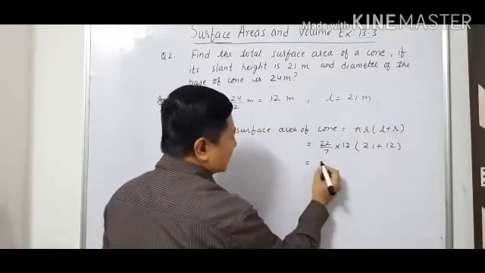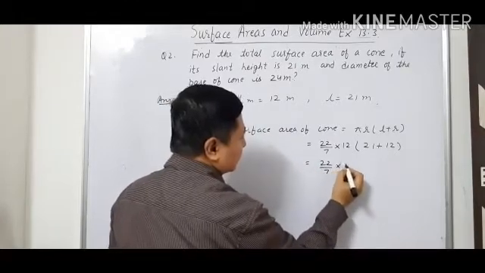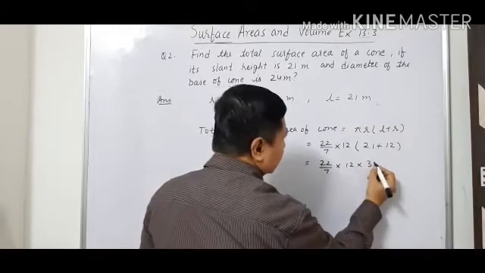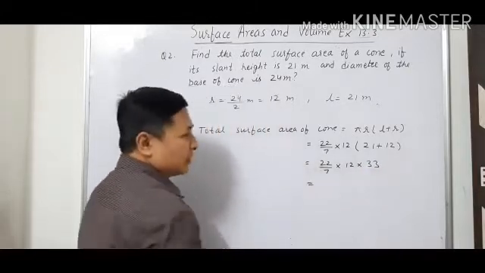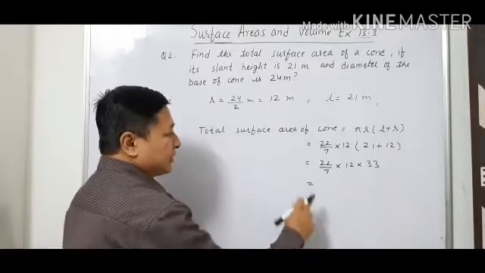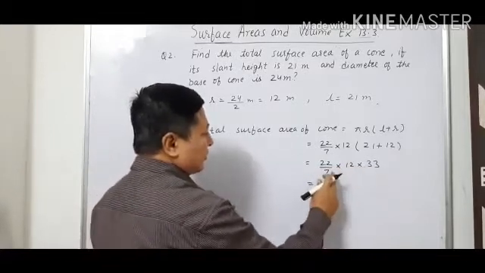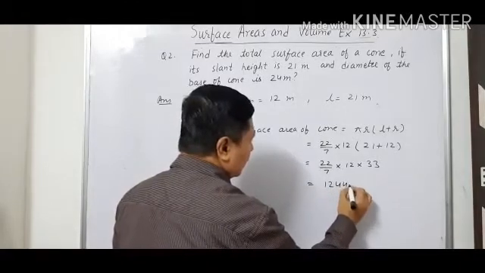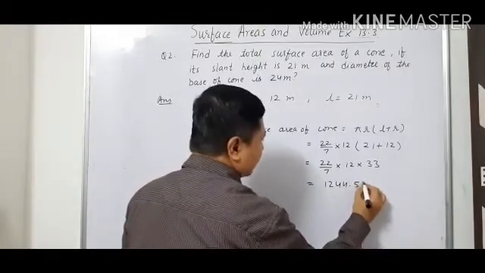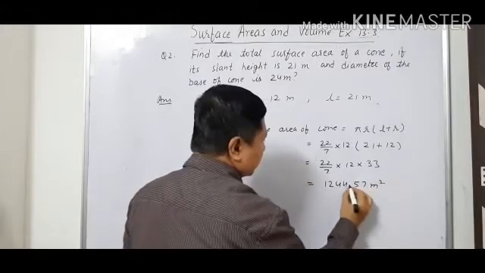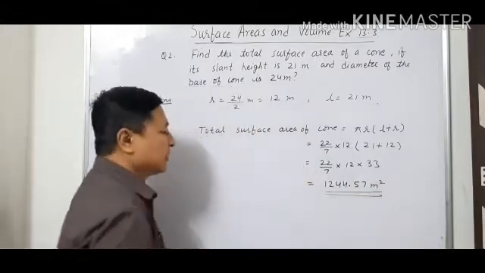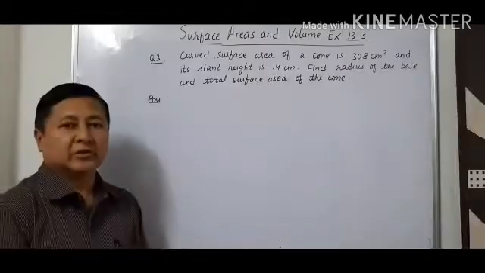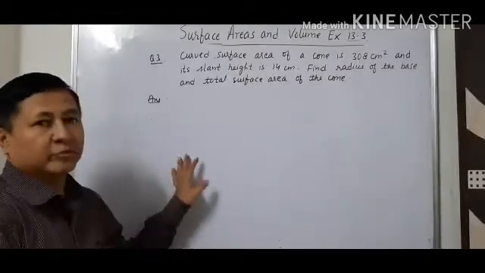Now let us solve this. 22 upon 7 into 12 into 21 plus 12, that makes it 33. Now when we solve this, our final answer will be 22 into 12 into 33 upon 7. When we solve this, we will get the answer 1244.57 meter square. So the total surface area of the cone is 1244.57 meter square.